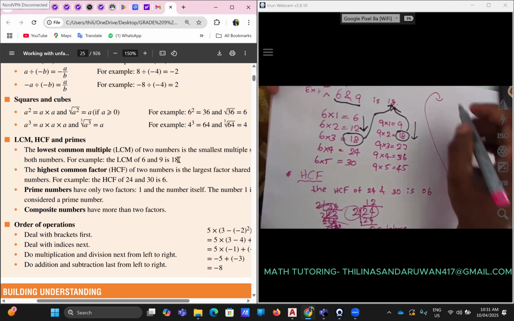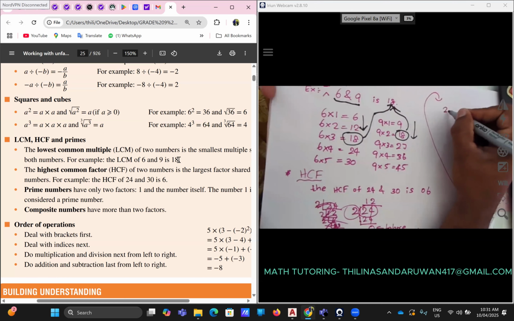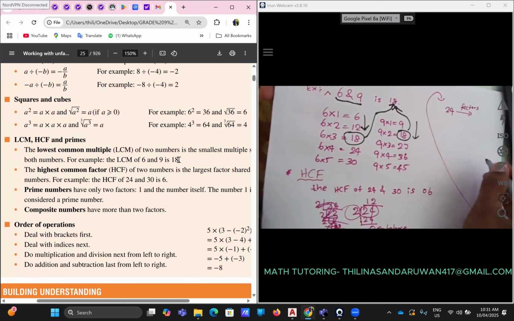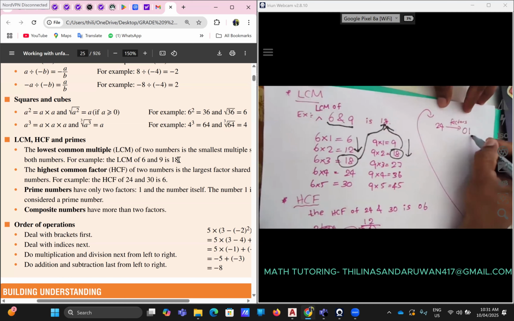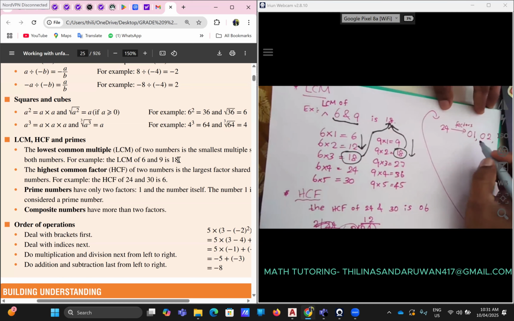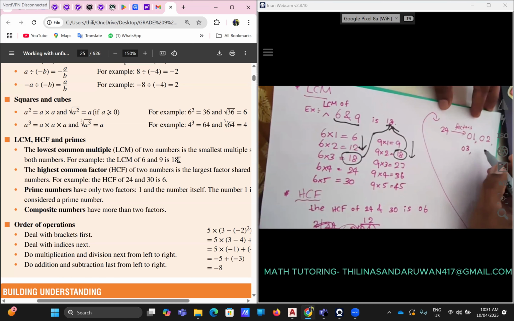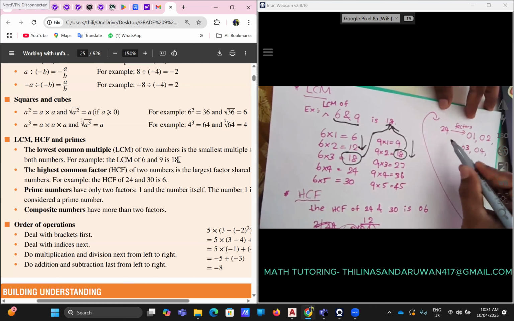For 24, the factors are 1, 2, 3 is a factor of 24, and 4 is also a factor. 5 is not a factor because when you divide 24 by 5, the balance will be 1, not 0.